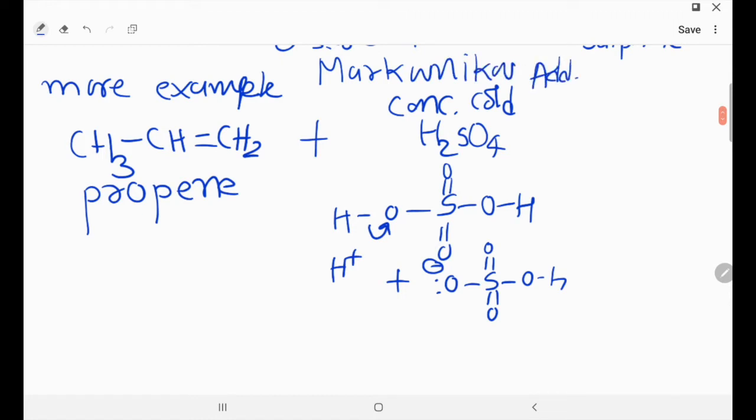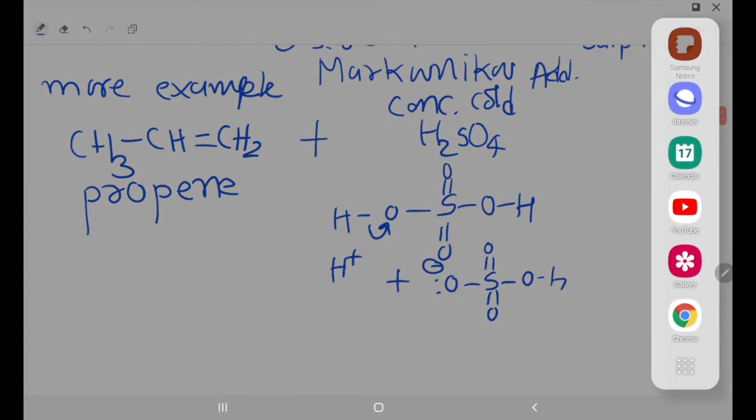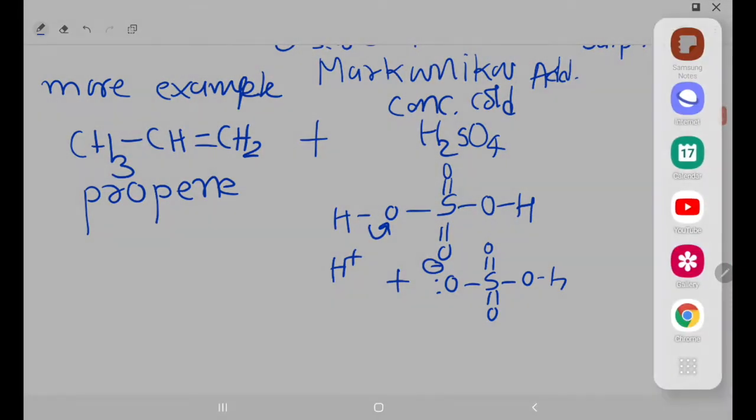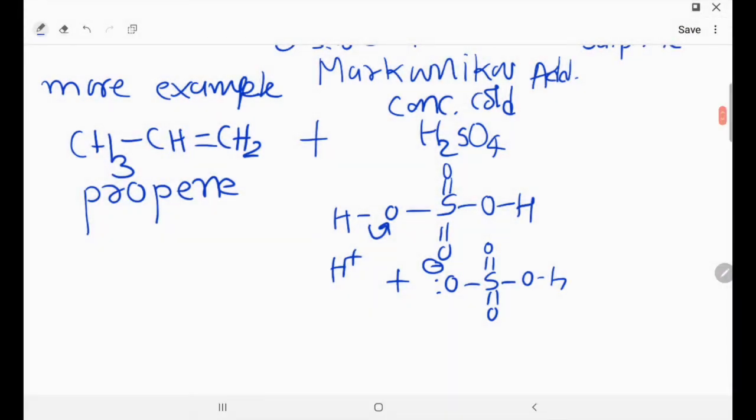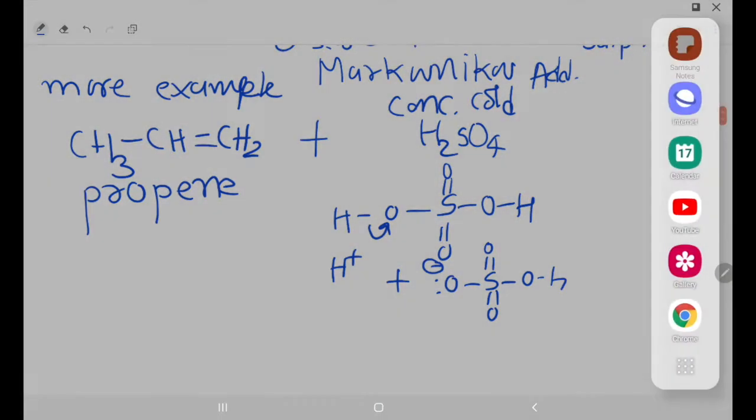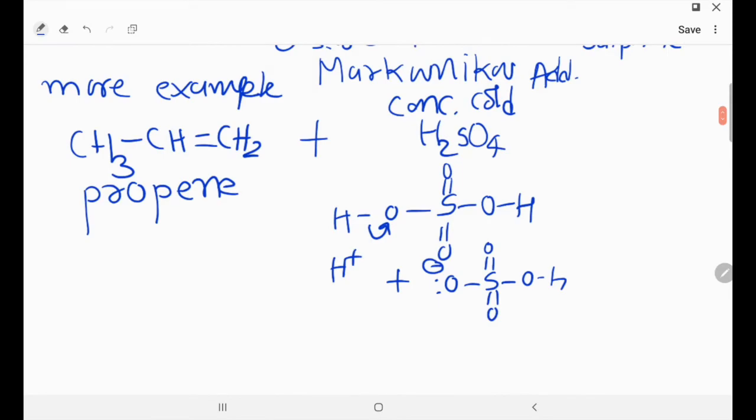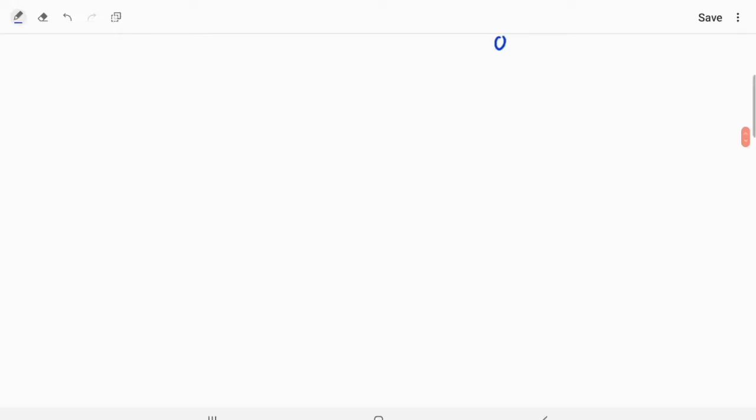So now check what will exactly happen here. In this case, on this particular CH3 CH CH2, there will be a plus charge and a negative charge.